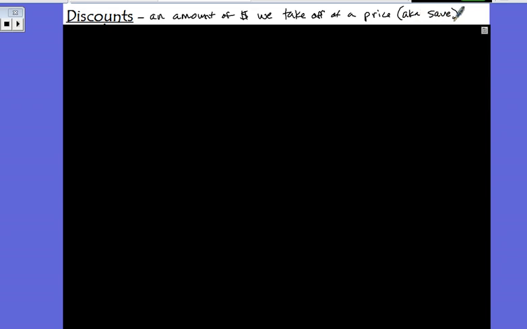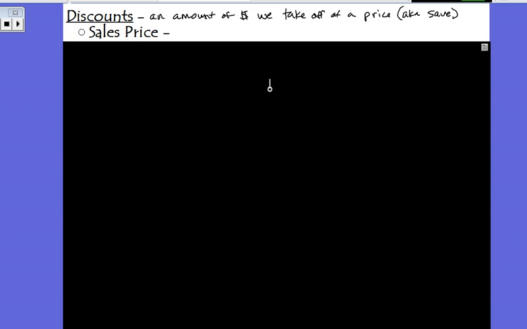Okay, now that's different from sales price. Sales price is slightly more challenging because sales price is the amount you pay. Okay, so that's what it's also called, the amount you pay after a discount. Okay, so after the discount is taken off.